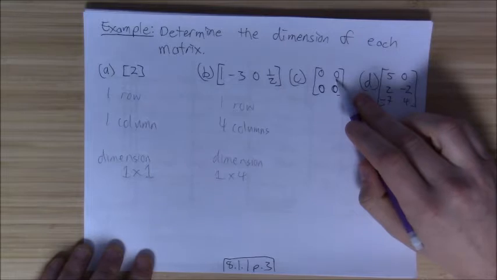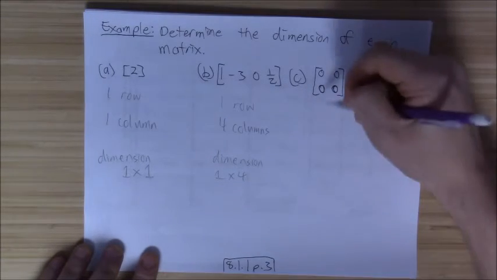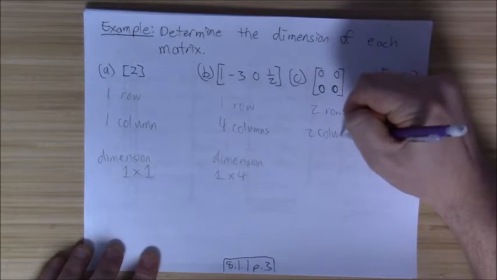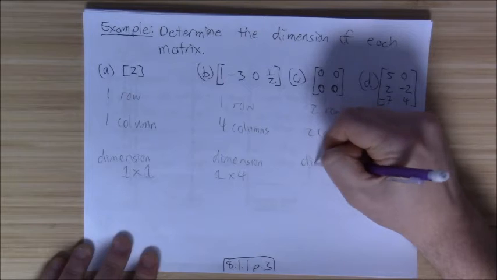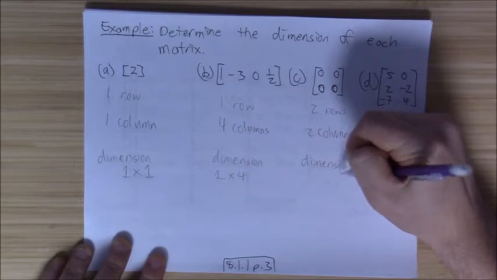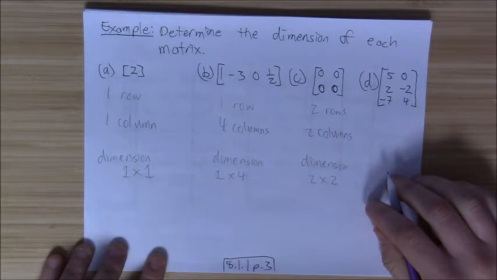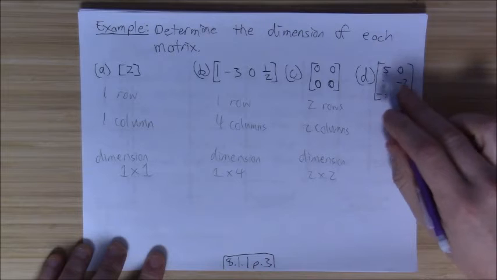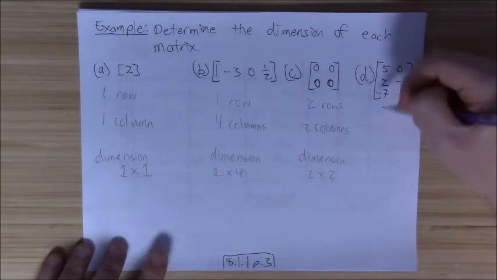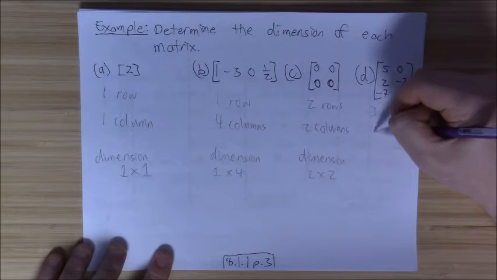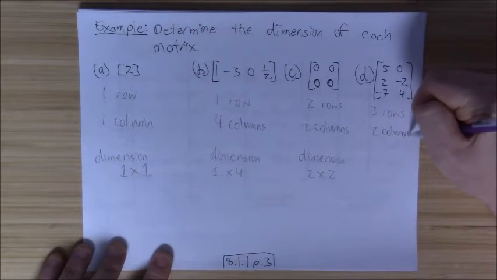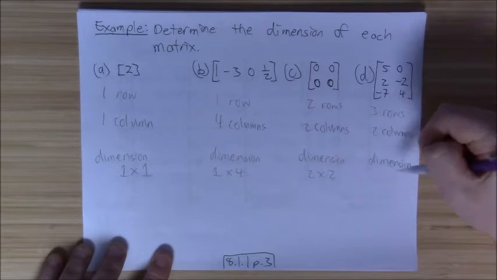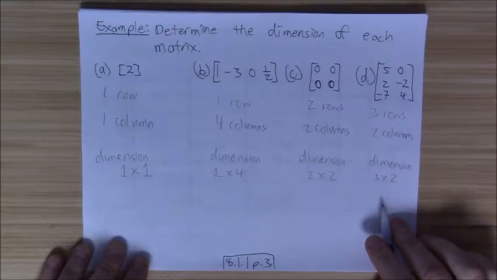This one has 2 rows, 2 columns, and so it would have dimension 2 by 2. And then finally, this last one has 3 rows, 1, 2, 3, and 2 columns. Thus, its dimension is 3 by 2.